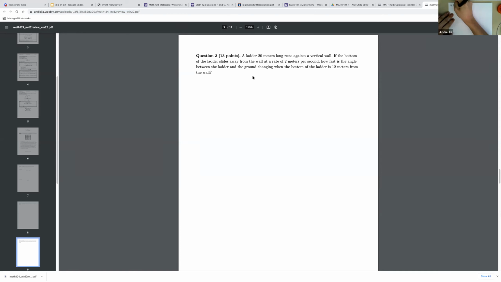So this is just like this. It's sliding away, so x is increasing. So dx/dt is 2.